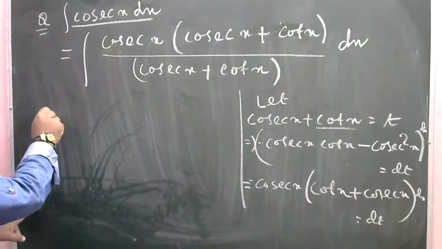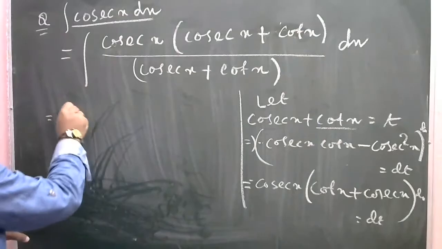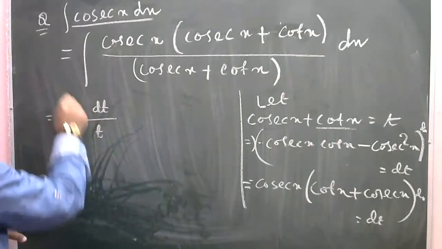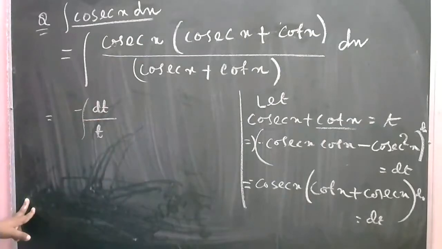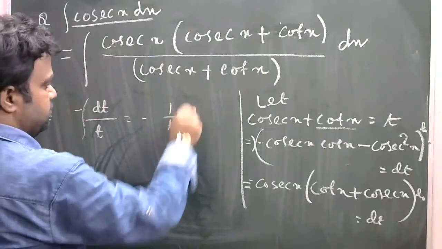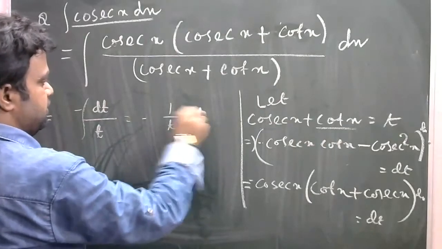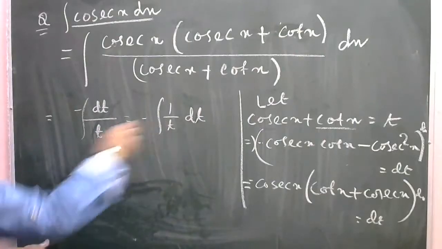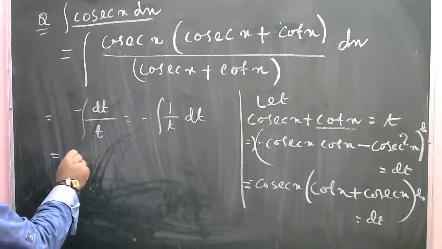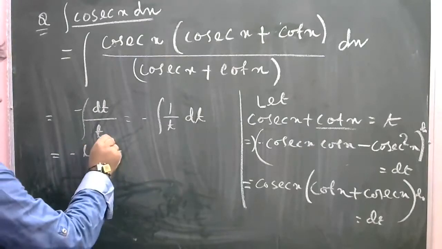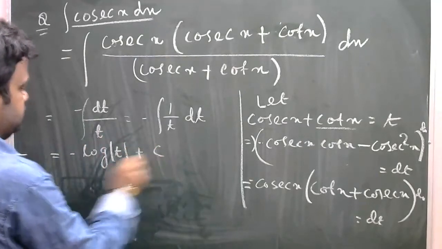Integration symbol. So what you can write? Minus dt upon t, or you can say minus 1 upon t dt integration. So this is minus log t plus c.